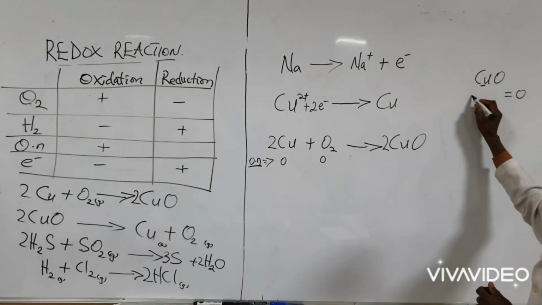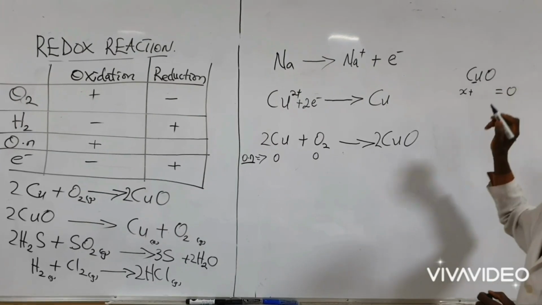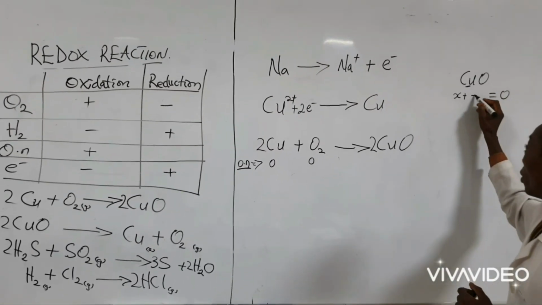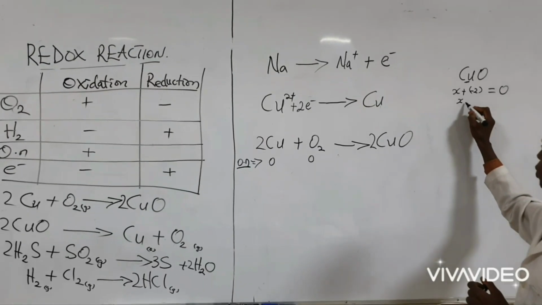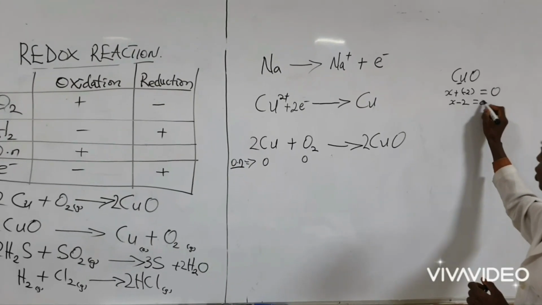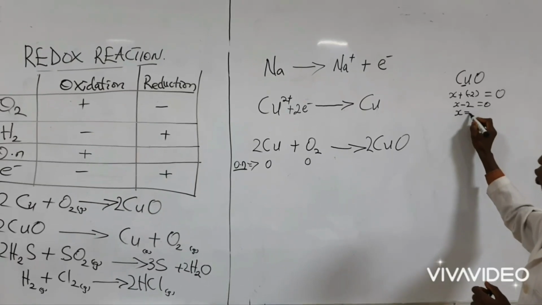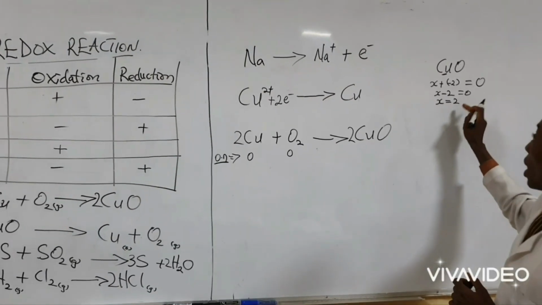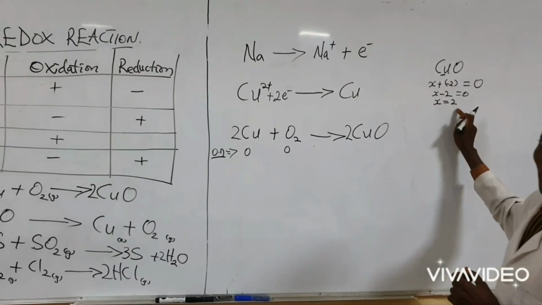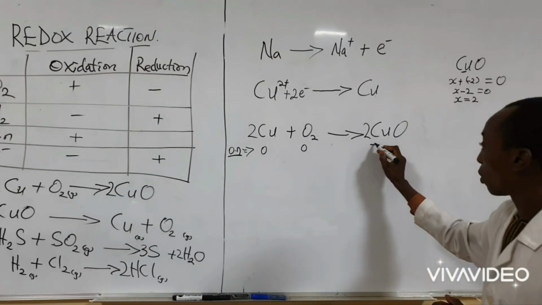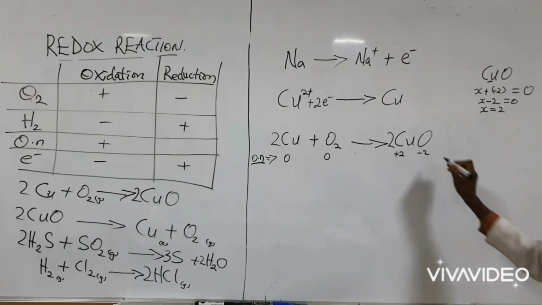That means this is X plus, from our last class, oxidation state of oxygen is -2. That is the valency of oxygen there. Doing this very well, we have X minus 2 is equal to 0. And doing that from our mathematics, we say X is equal to 2. And that is why this is called copper 2 oxide. The oxidation state of copper here is 2. Therefore, this is plus 2. Oxidation state of oxygen is -2.